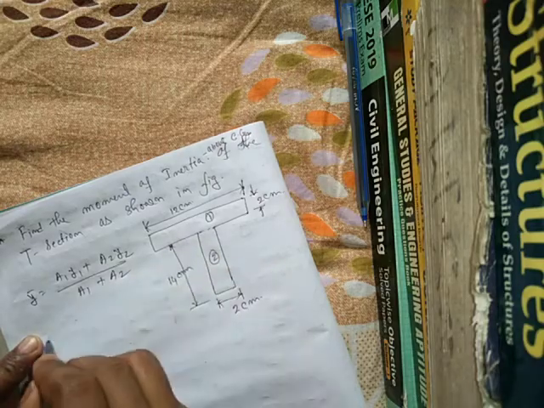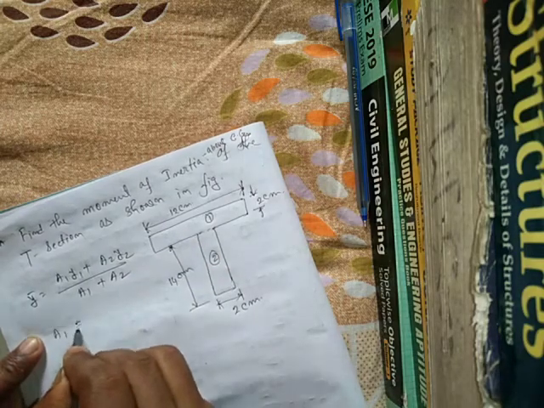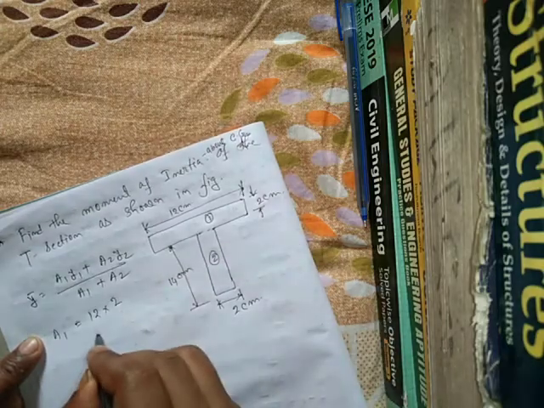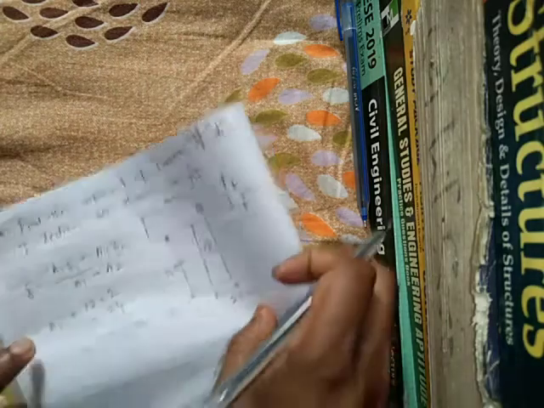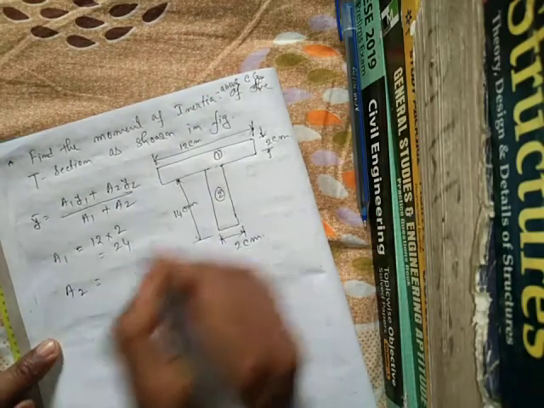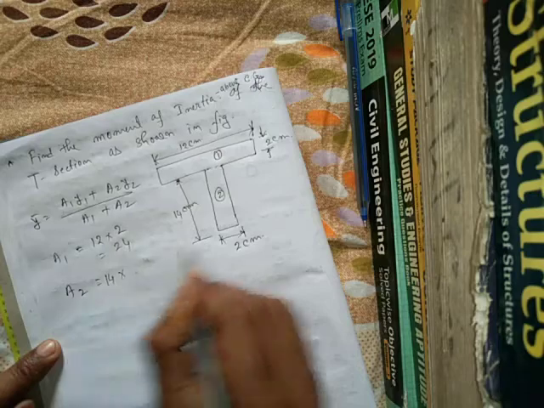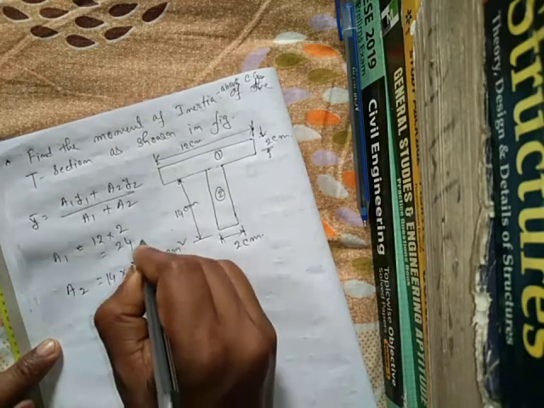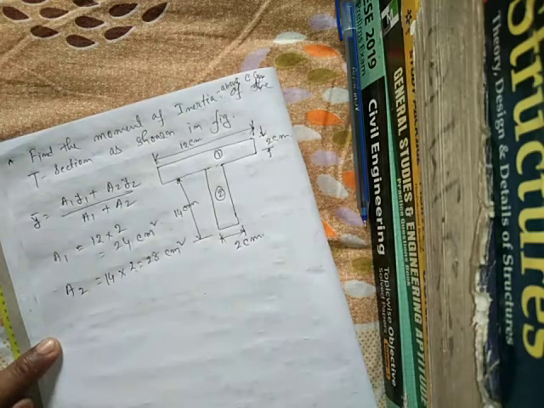The area of the flange section A1 will be 12 into 2 equals 24, and the area of the web section A2 is 14 into 2 equals 28 centimeter square.